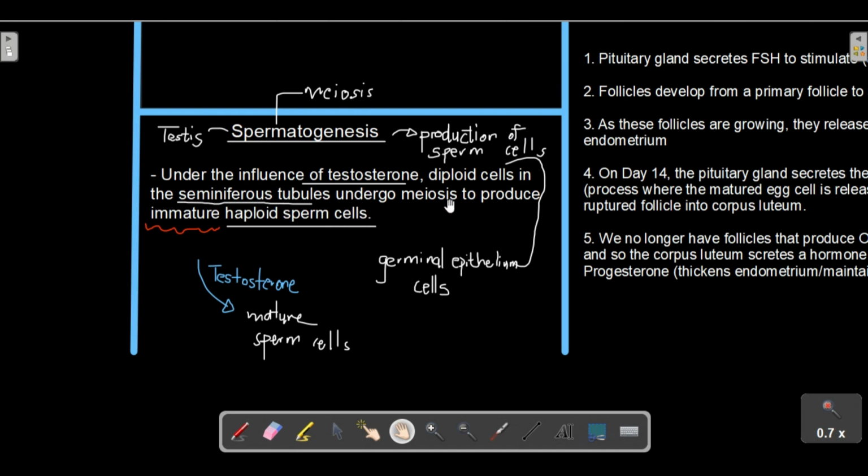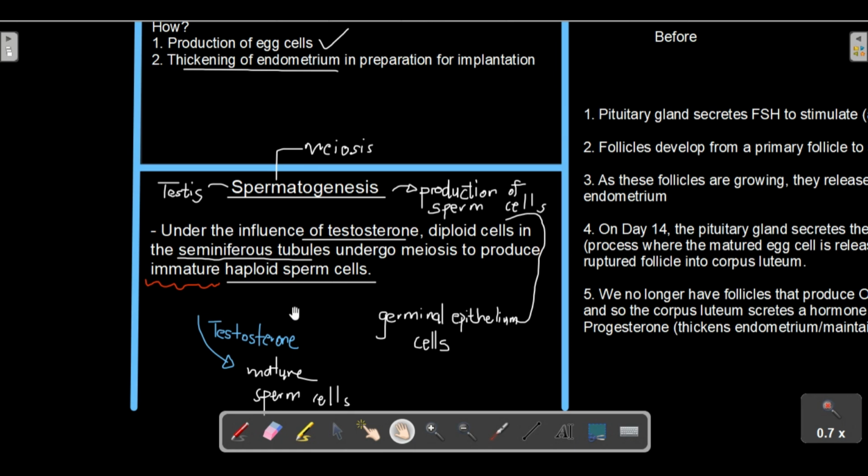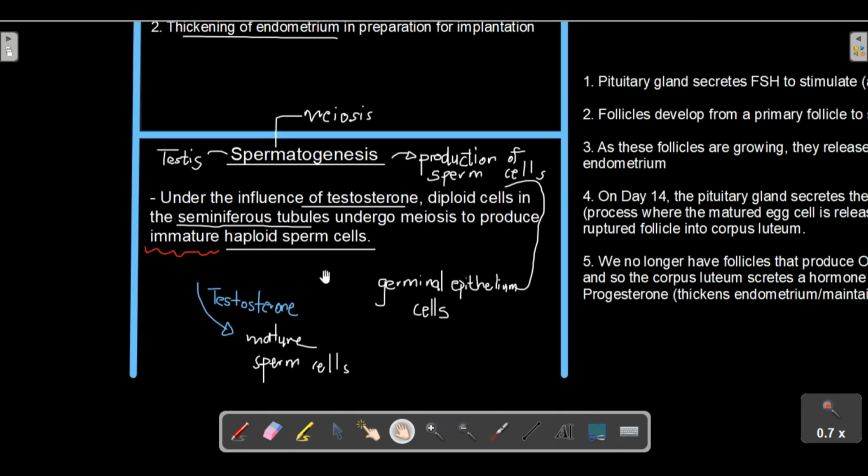And again, ensure that you mention the important names, guys, the important pieces of information, like the type of hormone that is involved, the type of cells, the type of structures, as well as the result, which are immature haploid sperm cells. Right, so that's how spermatogenesis occurs, and then you produce sperm cells like that. Okay, we did talk about oogenesis, so if you want a description of that, you should check out the previous video.